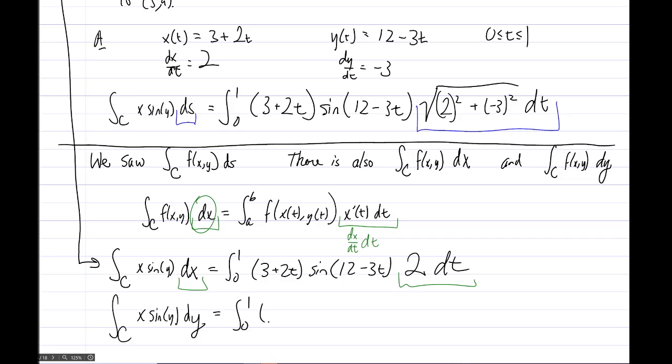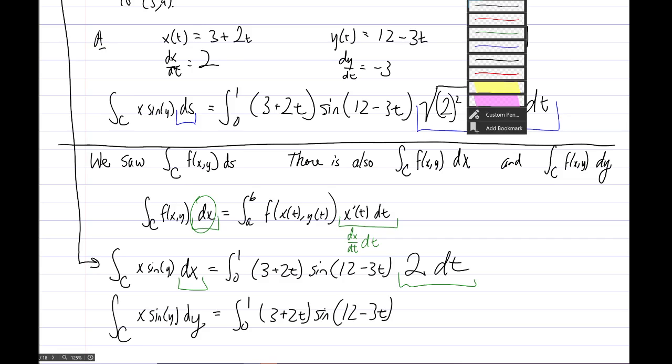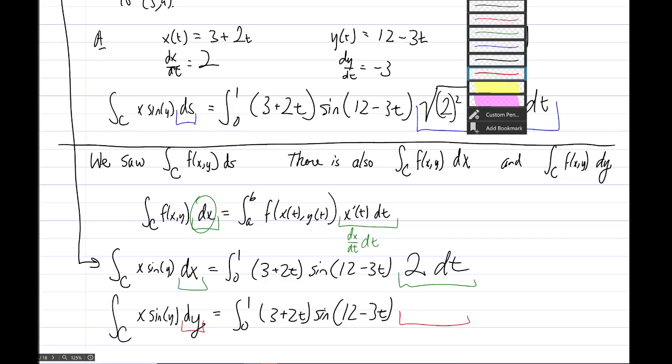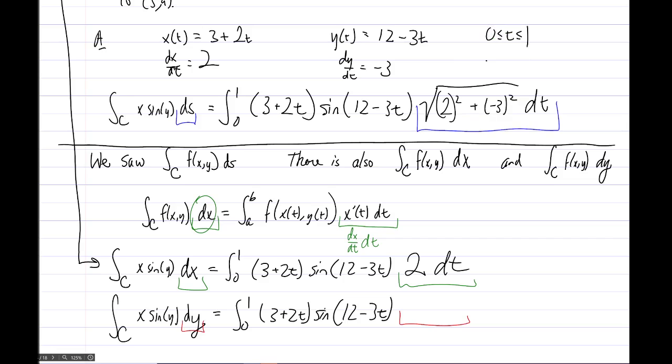It looks very much the same. Integral from 0 to 1 of quantity 3 plus 2t times sine of 12 minus 3t. Now the difference is where there's a dy, we're going to need, you might guess it, dy dt, or y prime of t, so times dt.